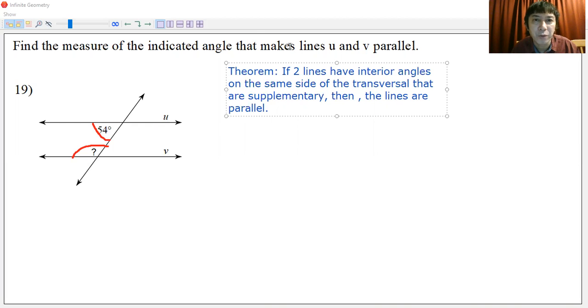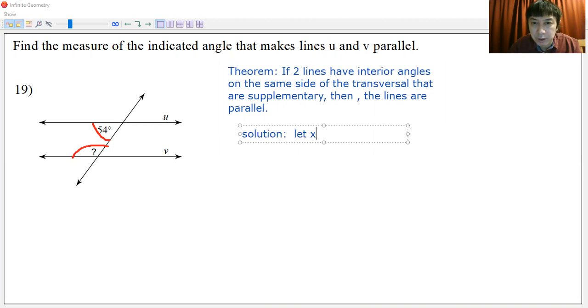Our working equation here: let x be the unknown angle, the question mark. So we have x plus 54 equal to 180. All right, let us solve.